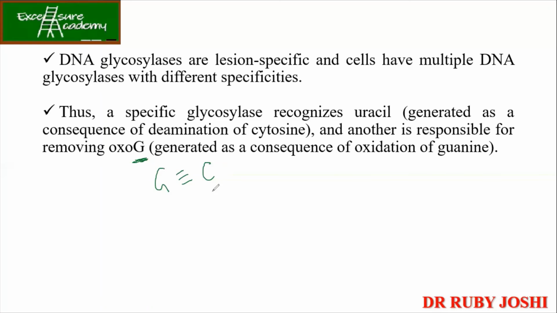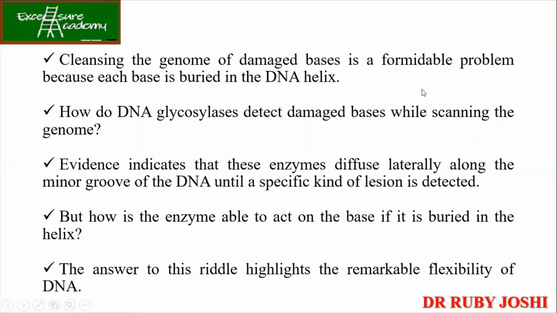But instead of that, instead of C, it is going to base pair with T. Because of which, instead of GC, you are going to have T. GC, instead of that, you are going to have an AT transition. Okay. Please remember, that's why I told you, make a chart of it, like for OXO-G or deamination, which base will pair with which. That is important. Okay.